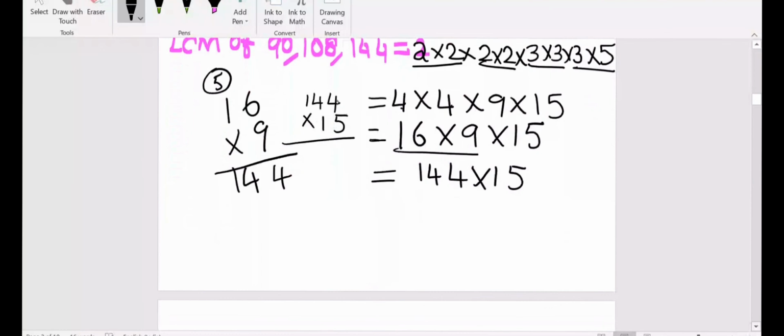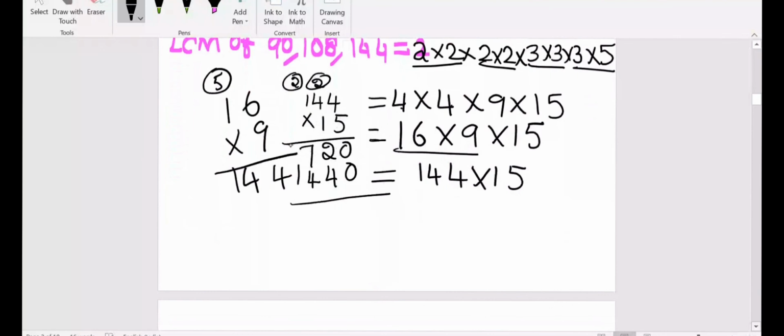What is the answer? 5 into 4, 20. 5 into 4, 20 plus 2, 22. Okay. Then 1 into 5, 5 plus 2, 7. What is the next step? 144, 1440.